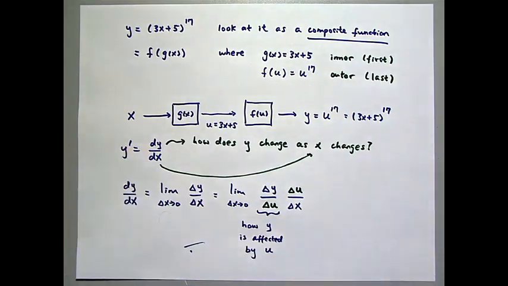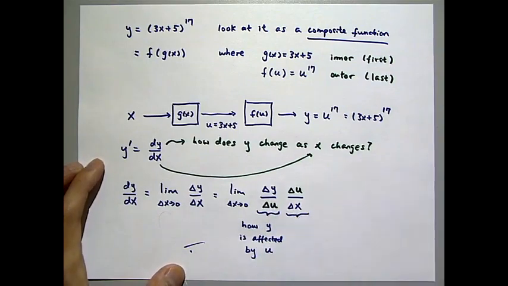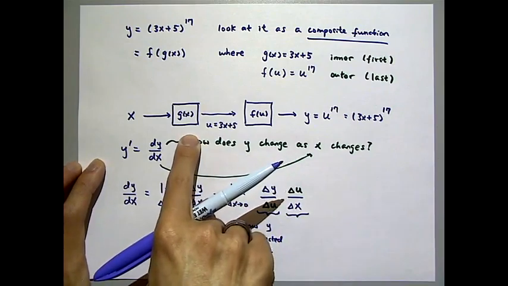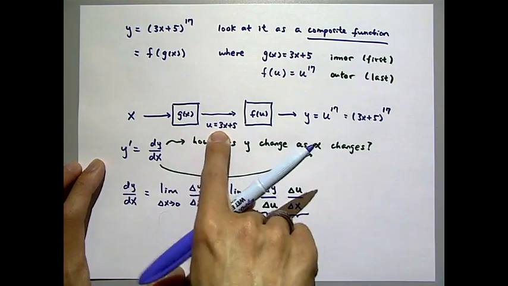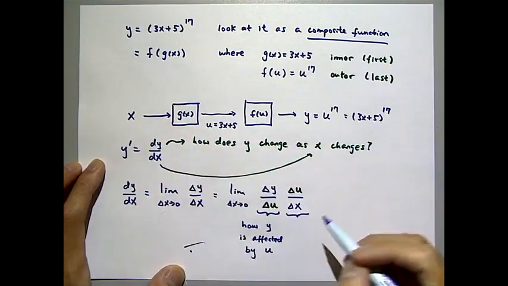Okay? So that expression really doesn't care about what x is doing. All it cares about is how u is changing and how that then propagates down and affects y. And this right here tells us the first part of the story, how u is affected by some change in x.